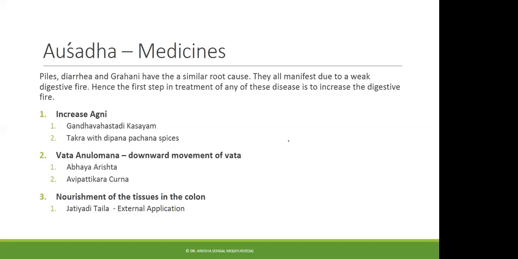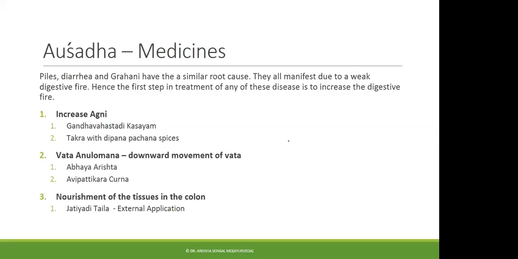But this is the reason why. Both of them manifest because of the same causative factor, an issue with the Agni. So if you start to increase the Agni, the condition will slowly start to regress.